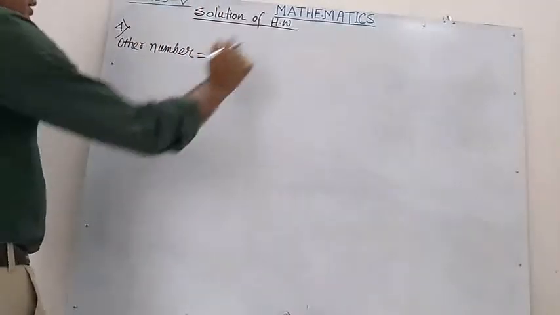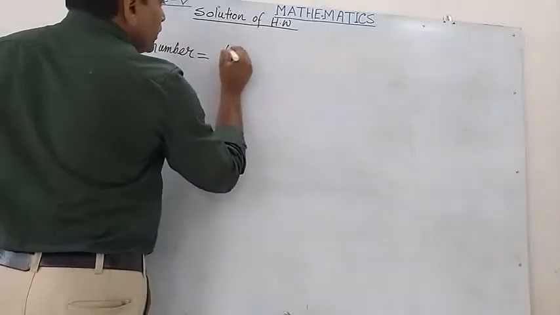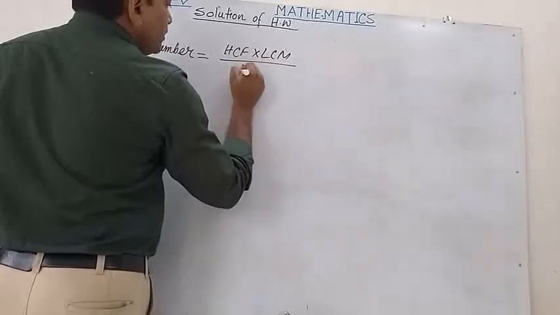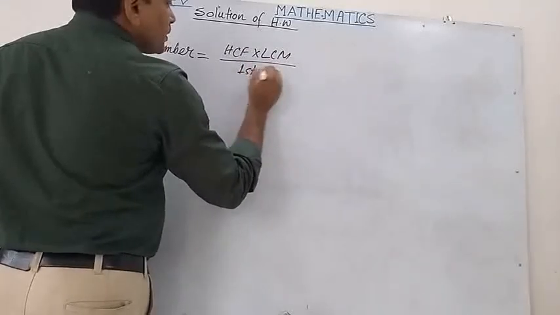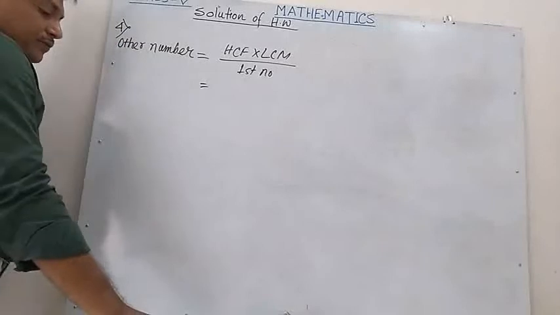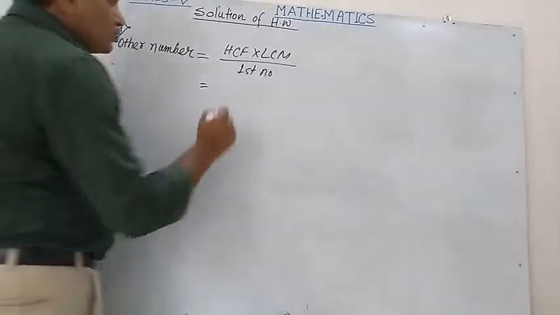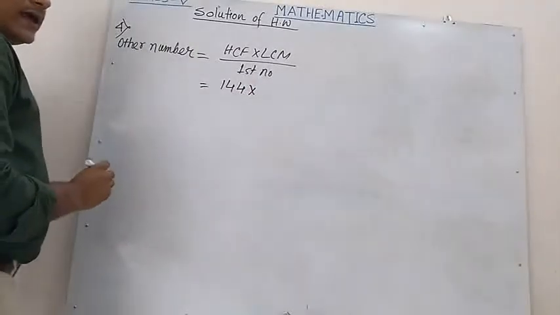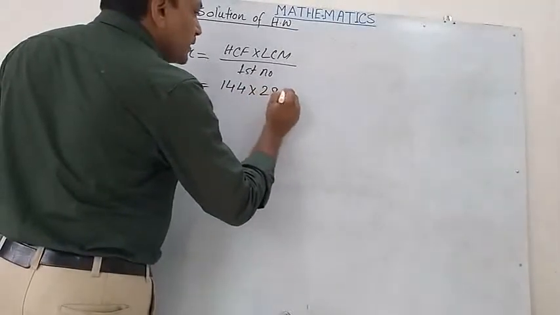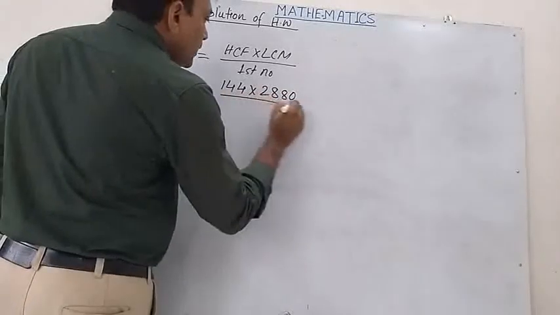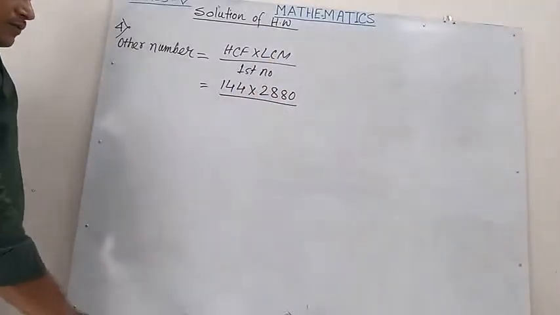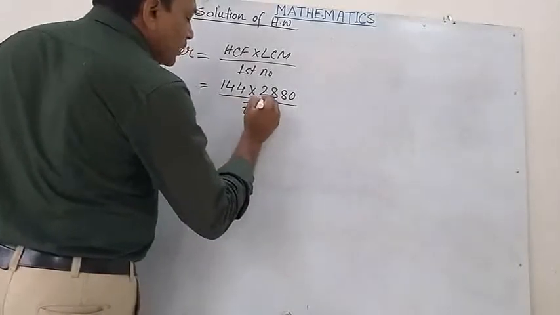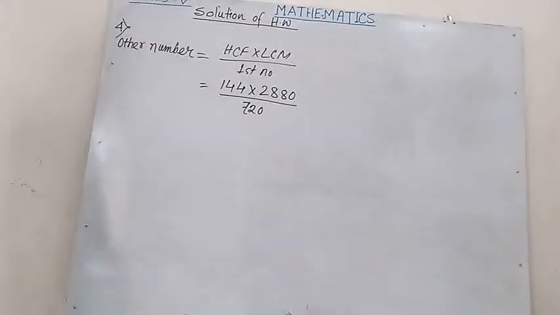So the other number equals HCF into LCM divided by the first number. The HCF is 144, their LCM is 2880, divided by the one number, 720.